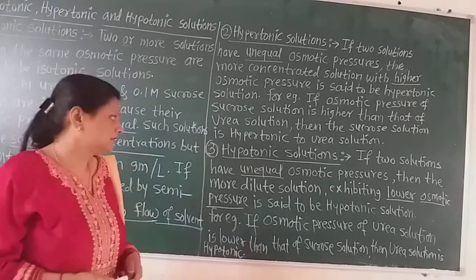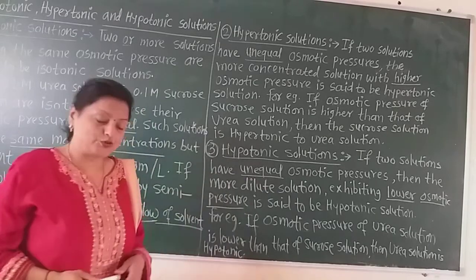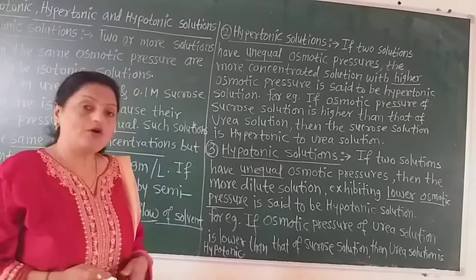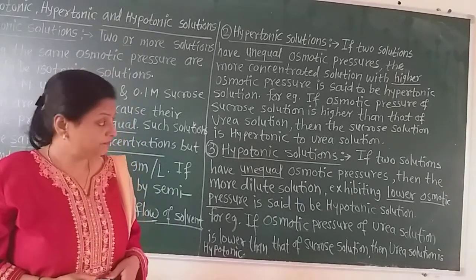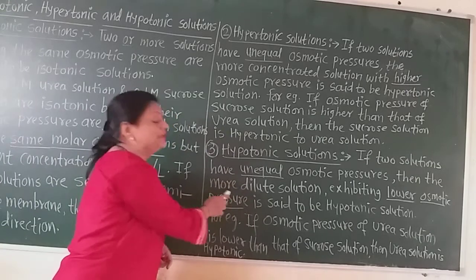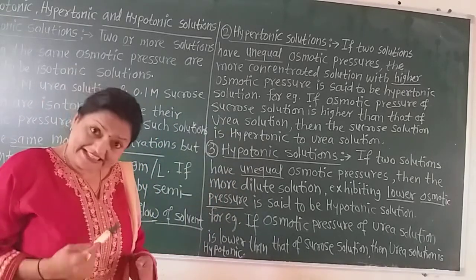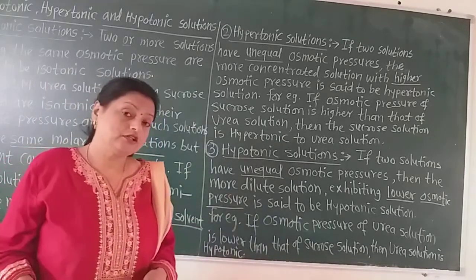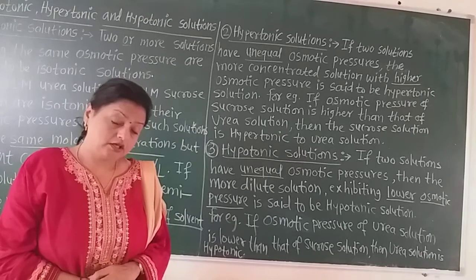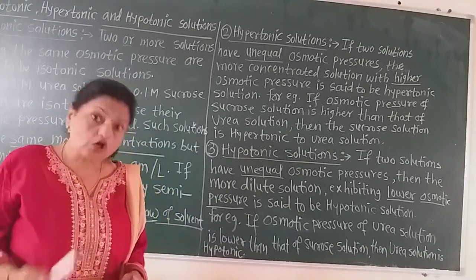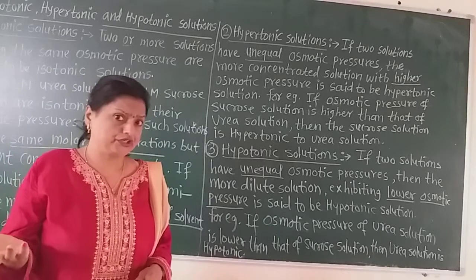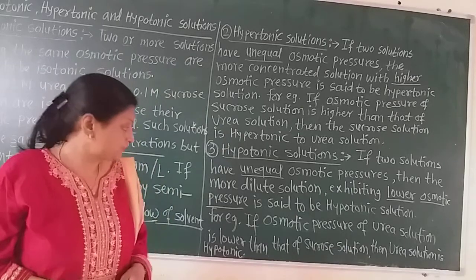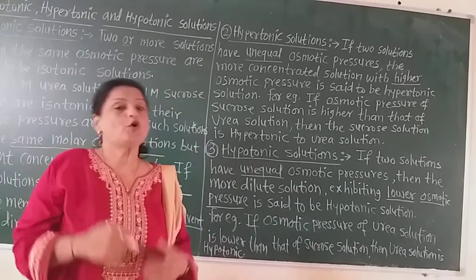Now let us learn the third solution, that is the hypotonic solution. Hypo means less. If two solutions have unequal osmotic pressures, then the more dilute solution exhibiting lower osmotic pressure, exhibiting means they exert the lower osmotic pressure, than the other solution, is said to be hypotonic solution.